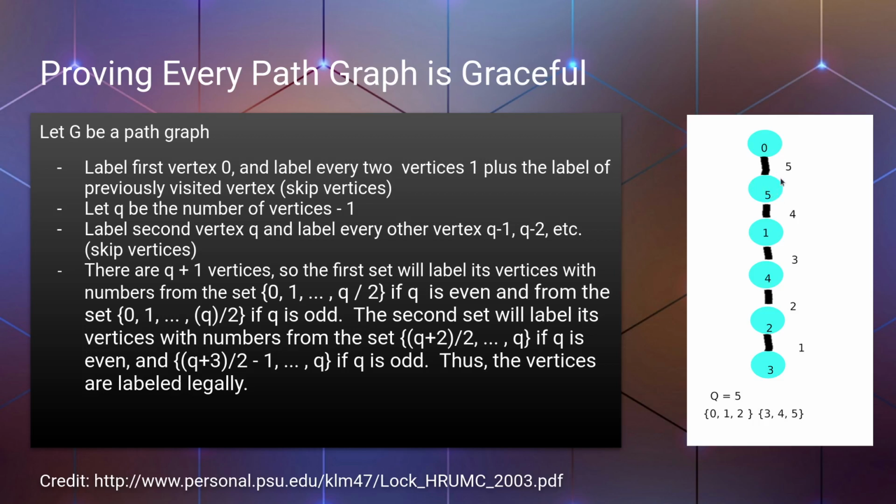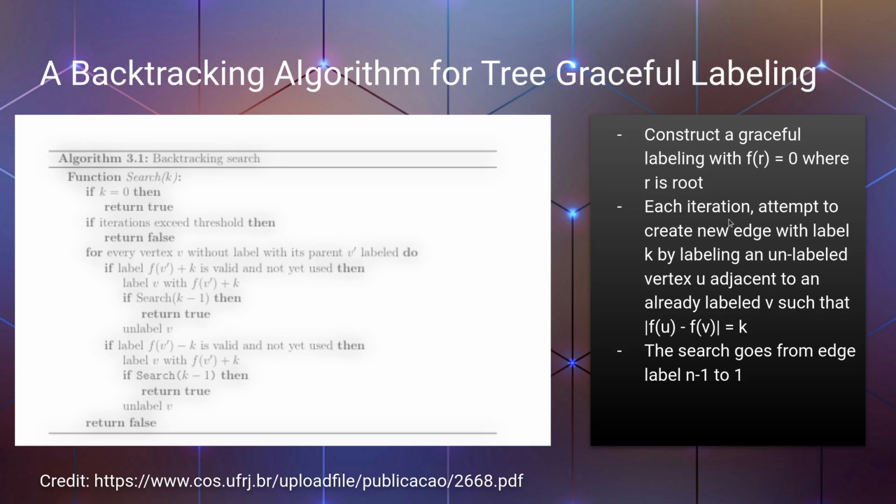We basically assign this a value which hasn't been found within a labeled vertex, and k will be the absolute difference between those. That algorithm will basically go through the graph and check that the values of a graceful labeling are upheld. Once again, this algorithm is pretty complicated, so I'd encourage you to go do your own research on it. But this is basically what it's attempting to do.